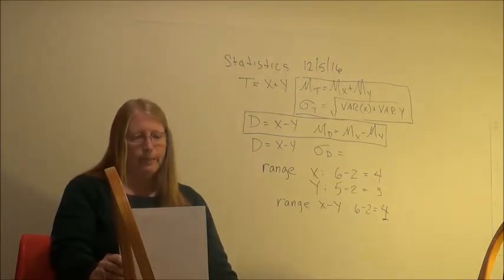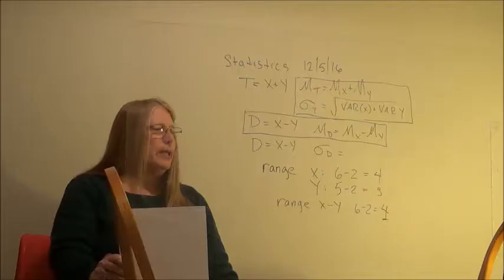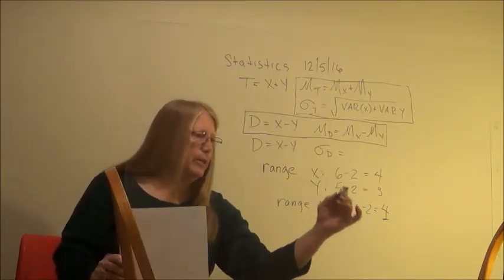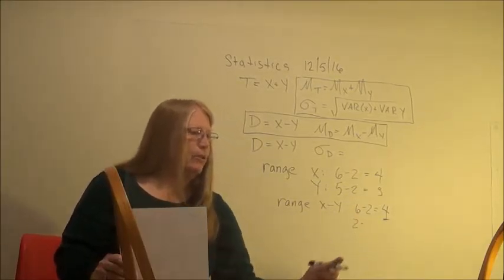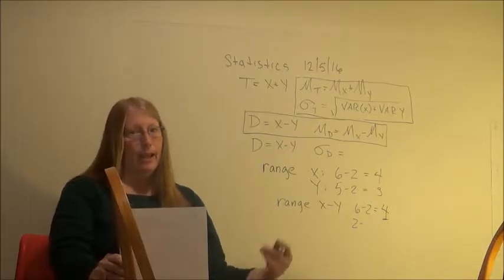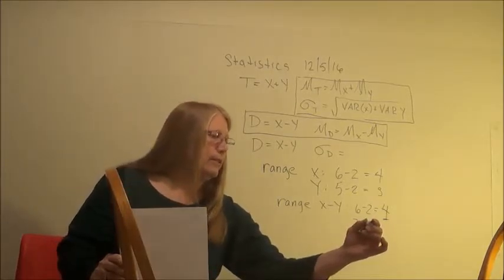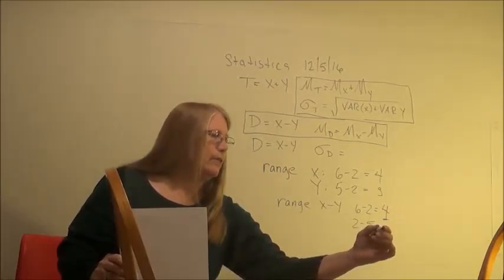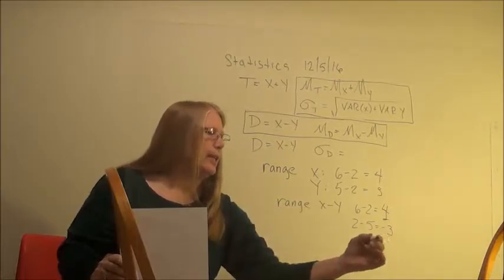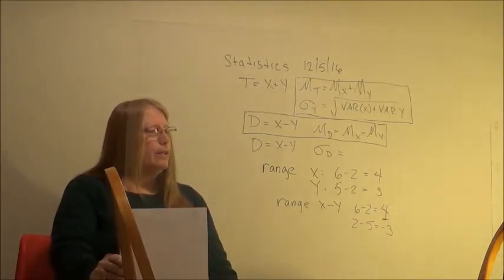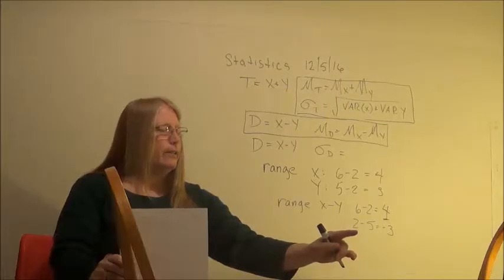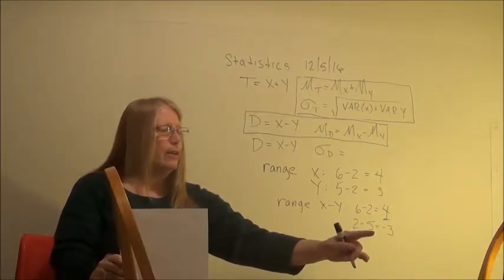Can you think that out? Wouldn't we have to take Pete's lowest number and subtract from it Aaron's highest number? So 2 minus 5 gives me minus 3. So 2 from Pete is his lowest, minus her highest.